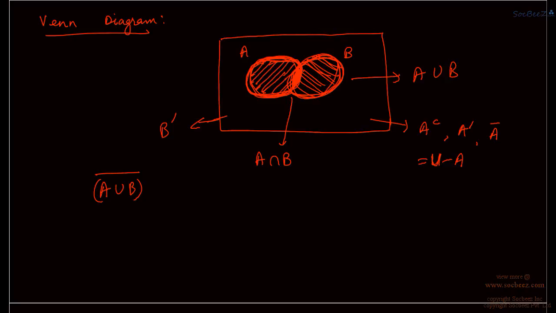Suppose this is my A union B, everything else in this space will come under A union B whole bar. I can even consider A intersection B, and again consider the complement of that. So the point here is you can consider anything as an event and correctly apply all the related concepts of complement, and they are found to be correct.